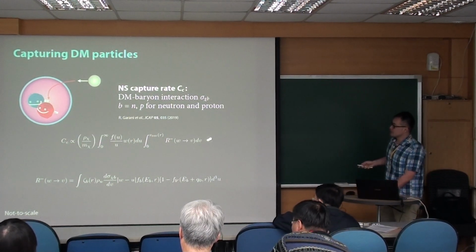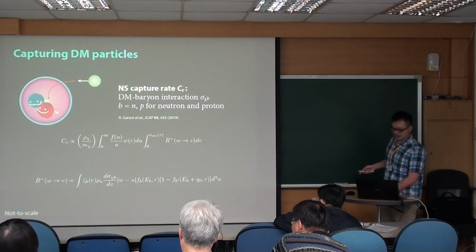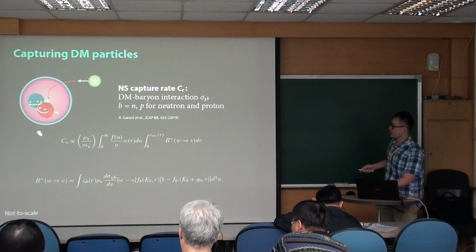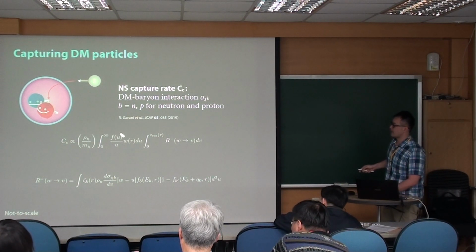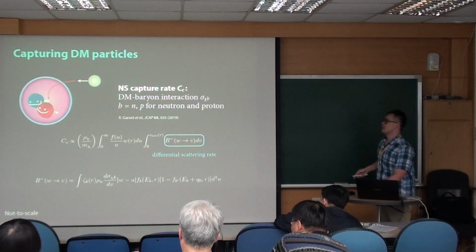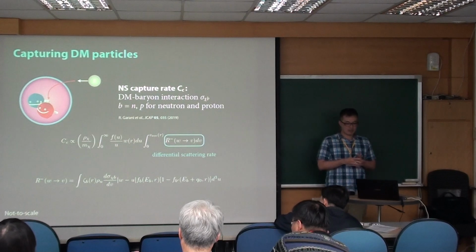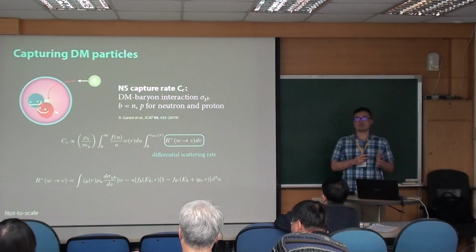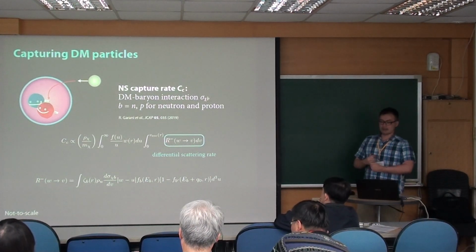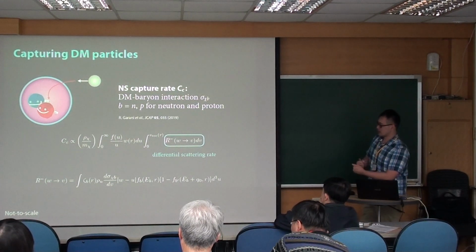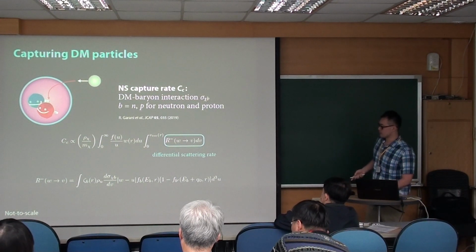Such a neutron star capture rate, of course, depends on the dark matter properties of the environment, such as the local number density, the velocity distribution, as well as the differential scattering rate. The differential scattering rate describes the microscopic interaction between the dark matter and the baryons inside the neutron star.